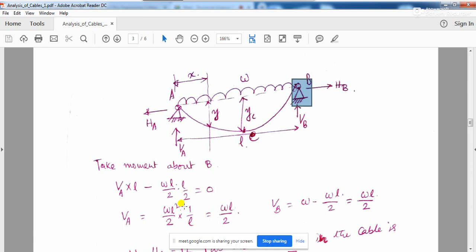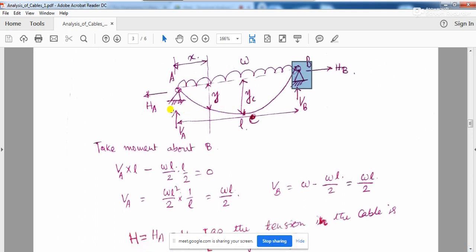How will you find it out? You just take moment about B. Taking moment about B, VA into L minus W into L into L by 2, that is WL into L by 2, is equal to 0. So your VA is going to be equal to WL by 2.